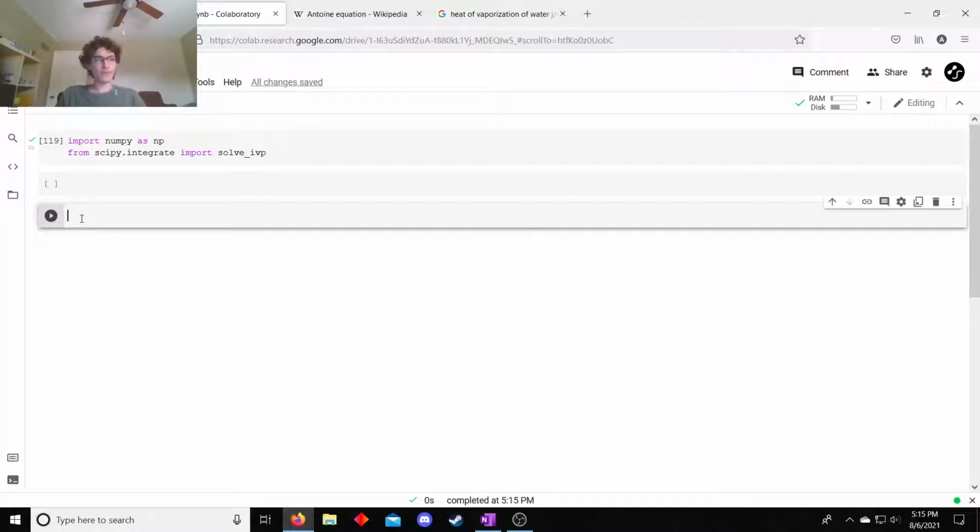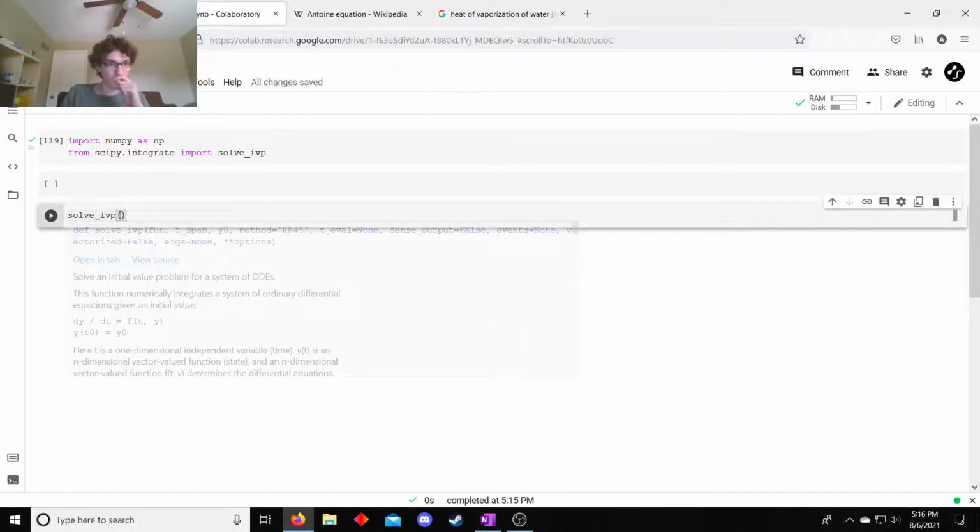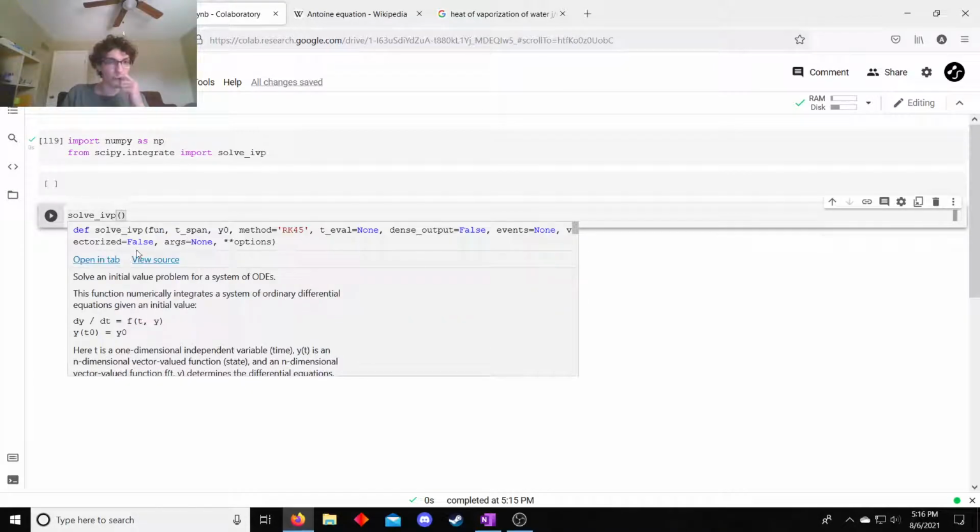So we're going to take a look at solve_ivp here. It takes in a function, some span of variables where our integration will take place, some initial values, a method, and we're also going to use dense output.